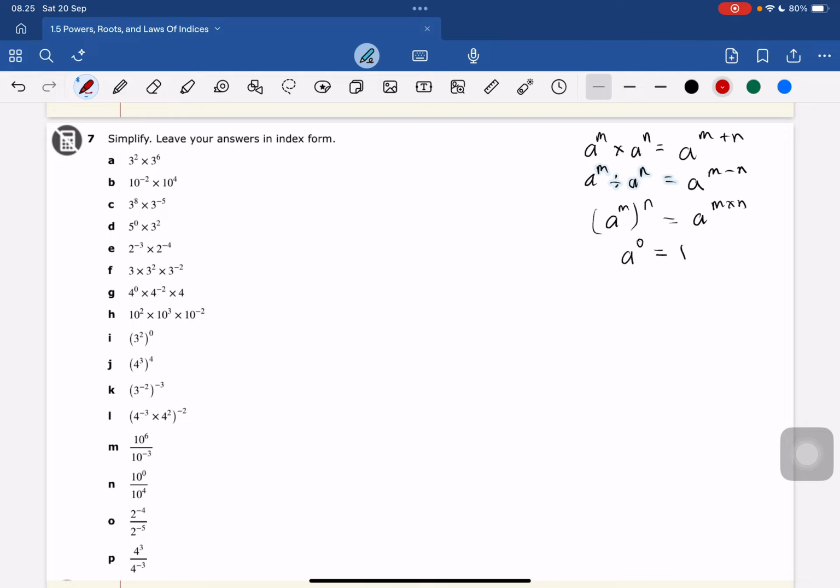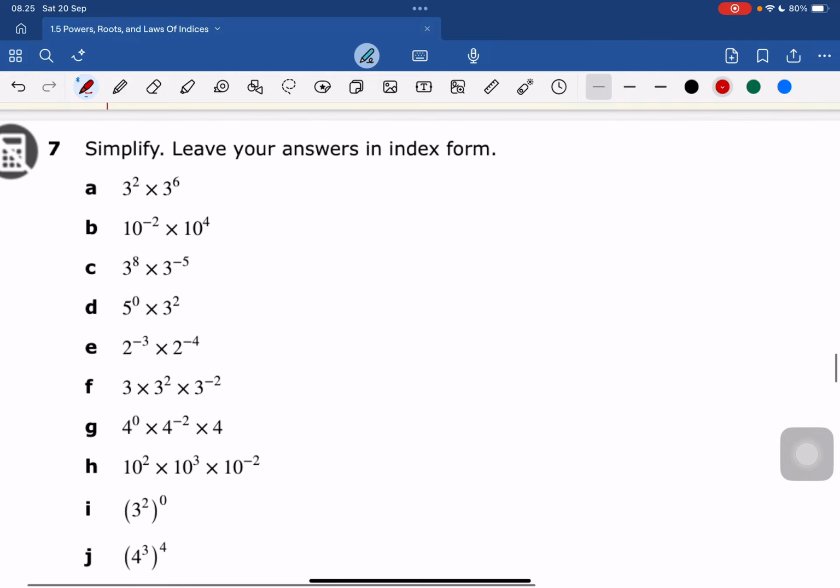So let's proceed with a. It's going to be 3 power of 2 plus 6, which is 3 power of 8. This is going to be 10 power of minus 2 plus 4, which is 10 power of 2. Next is going to be 3 power of 8 plus minus 5, which is 3 power of 3.